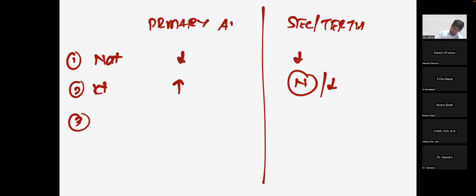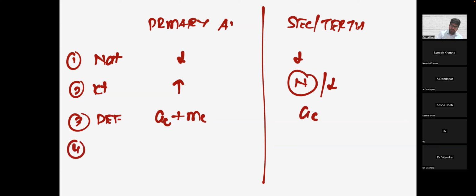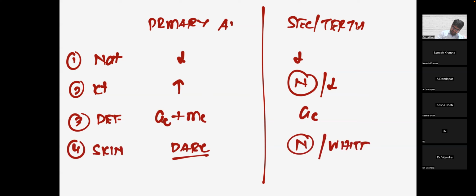Thirdly, in terms of deficiency, these patients have glucocorticoid as well as mineralocorticoid deficiency, whereas these patients only have glucocorticoid deficiency. And very important clinical differentiation, skin color. These patients have dark skin, darkening of skin and oral mucosa, whereas this patient will have normal skin. In fact, the skin may be whiter, paler, right?